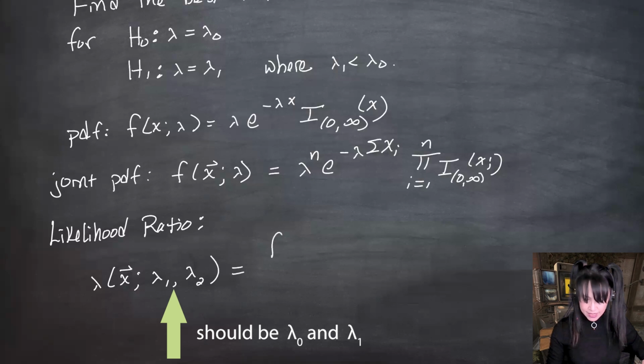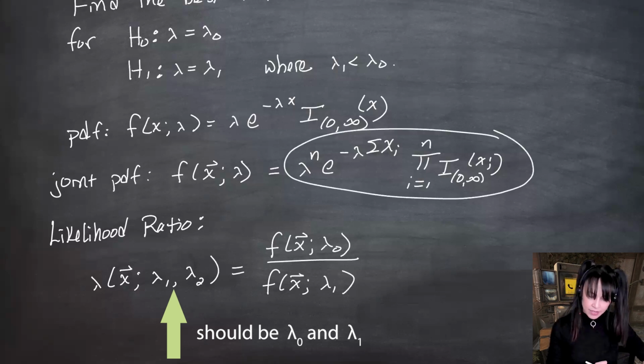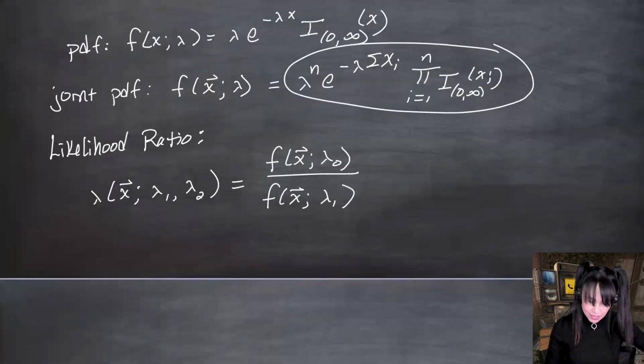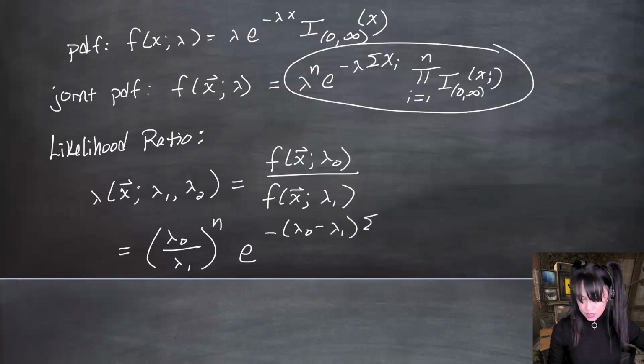But this is the joint PDF with lambda naught plugged in over the joint PDF with lambda 1 plugged in. So write this in the numerator with lambda naught and in the denominator with lambda 1. I'm going to go ahead and simplify it without writing those out. Once we simplify it, we're going to get lambda naught over lambda 1 to the n e to the minus lambda naught minus lambda 1 times the sum of the x's, and the indicators are going to cancel for the numerator and the denominator.